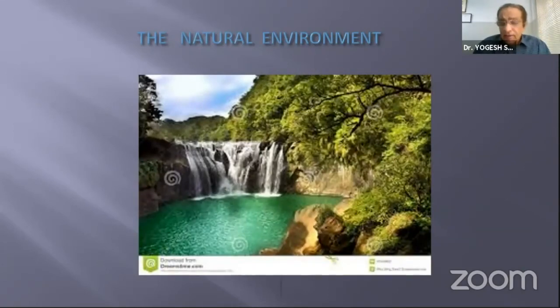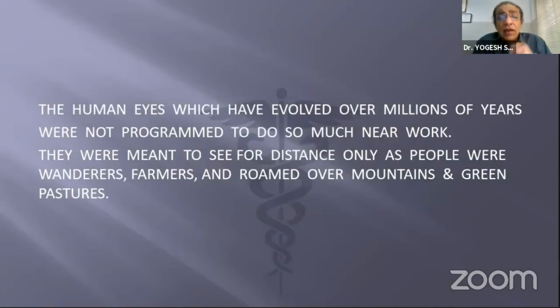See, the human eyes, which have evolved over millions of years, were not programmed to do so much near work. They were meant to see for distance only, as people were mostly wanderers and farmers and roamed over mountains and pastures. So the architecture of the eye was not programmed for so much near work.